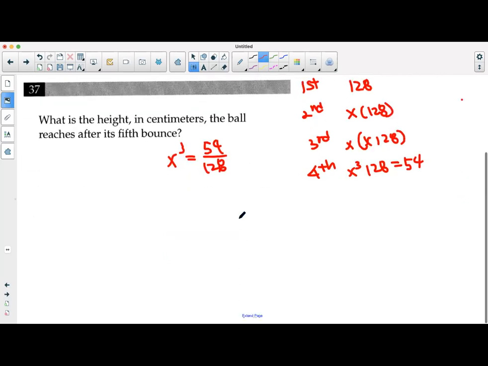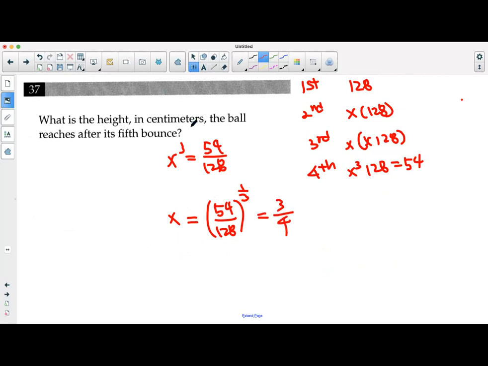With the calculator, you can figure out the value of x by taking 54 over 128 and raising the whole thing to the 1/3 power. What do you guys end up getting? 0.75, which is 3/4, yeah?